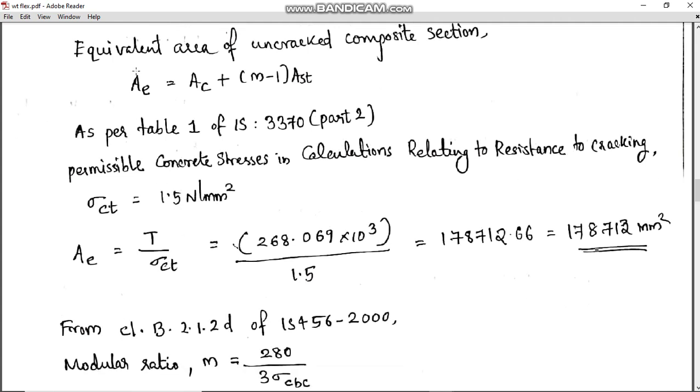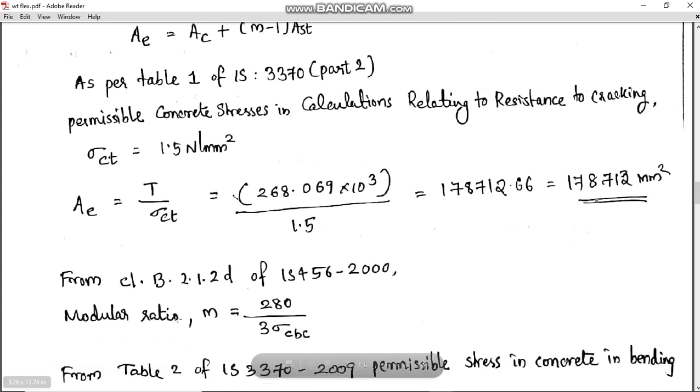So we have the equivalent area equal to area of concrete plus (m minus 1) AST. So this area of steel we are converting into equivalent area of concrete. So m is the modular ratio, as you all know, the elasticity of steel divided by elasticity of concrete.